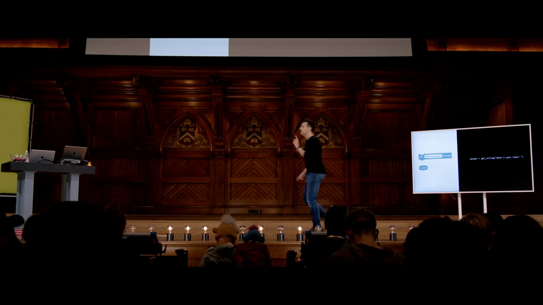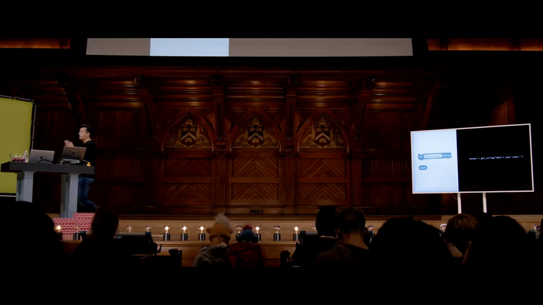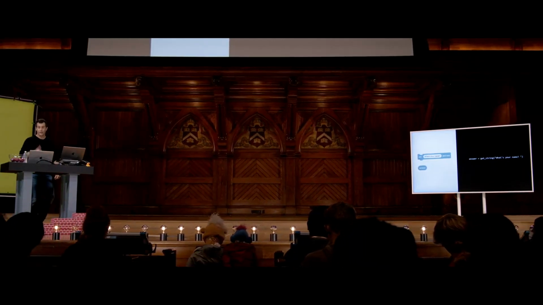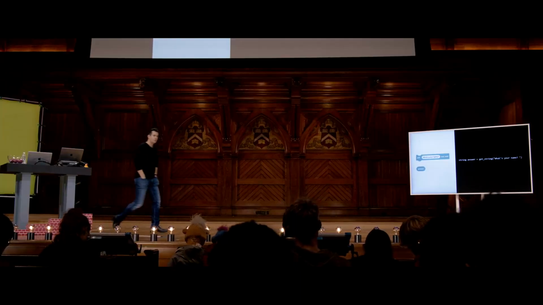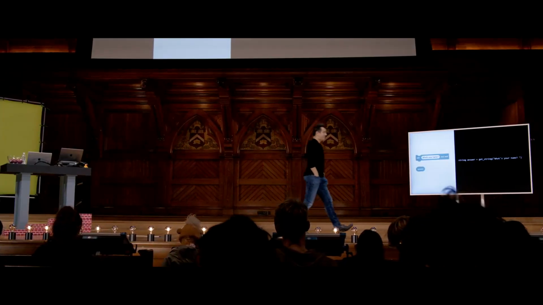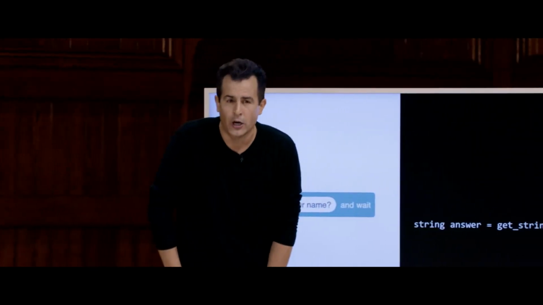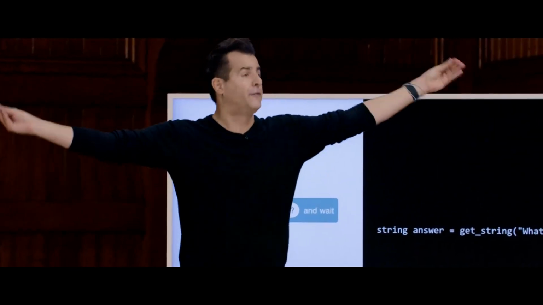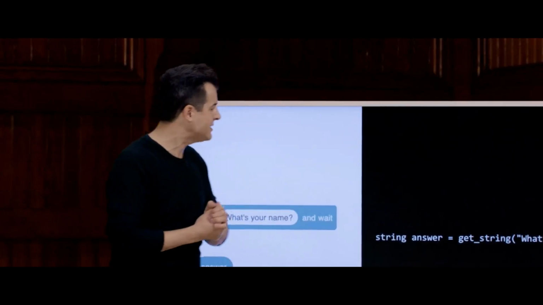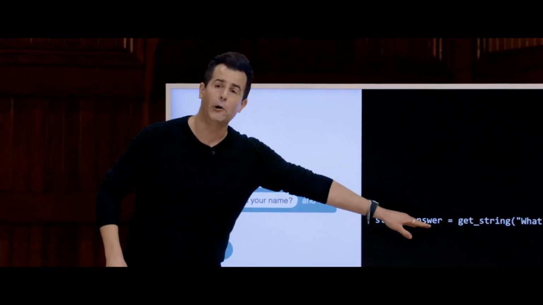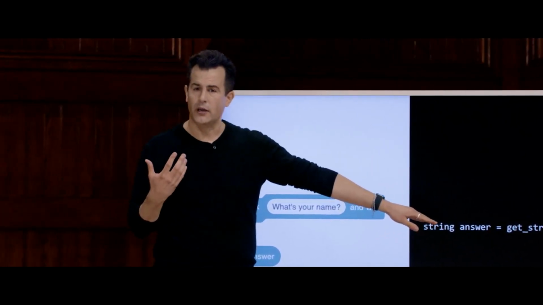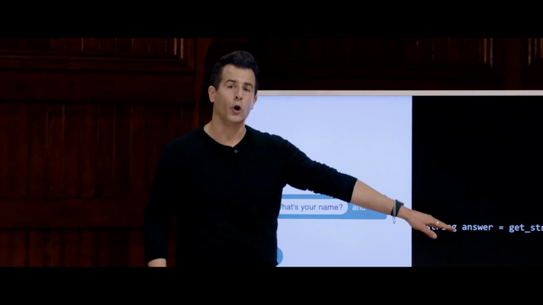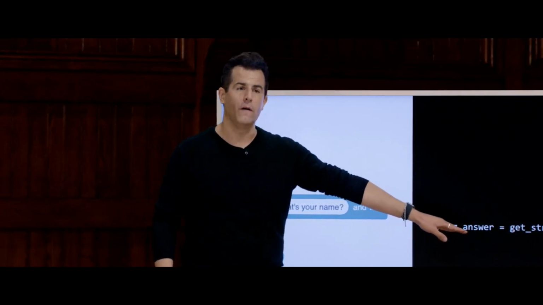But C is a little more pedantic than that, and those of you who have programmed before might not be used to this, for instance, in Python, which is a world we'll get to in a few weeks. You also have to tell C what type of value you're storing. So if I do want a string of text from the user, so not an integer, not a single character, I want a whole string of text, like a phrase, a sentence, a name in this case, I have to tell C that this variable is of type string. So it's a little wordy, but you get used to it, and you just have to be precise. You're informing the computer what type of value is going in this variable.